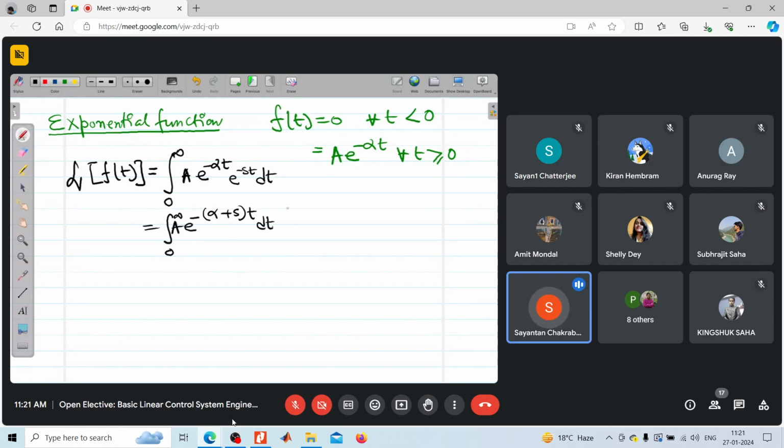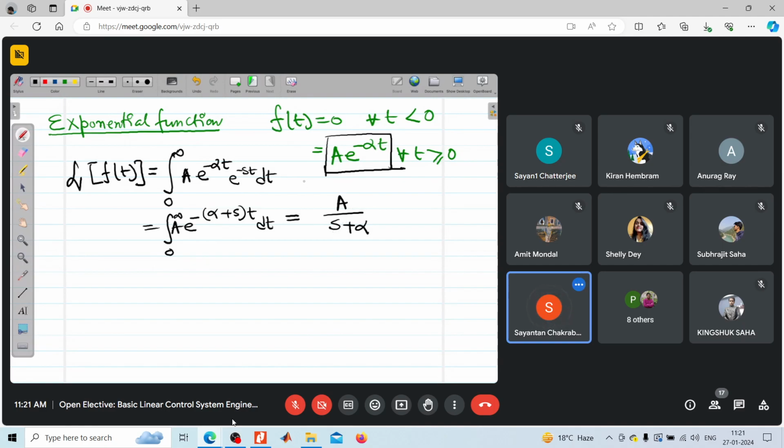So it will simply come out to be a upon s plus alpha. So whenever you have an exponential function e to the power minus alpha t, just like had that been a, I could have got a by s. Now due to this e to the power minus alpha t, I will get a by s plus alpha.